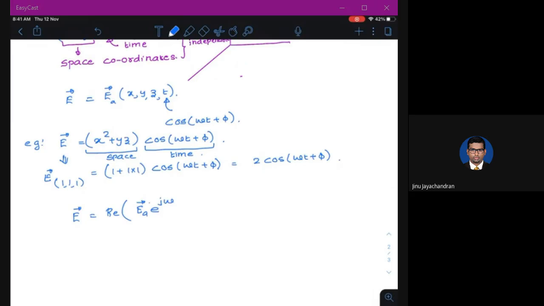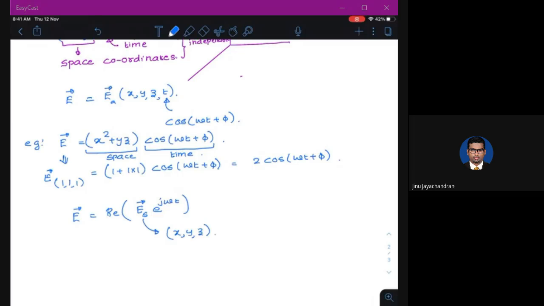Or let me say this as ES e raised to j omega t, where ES depends on the coordinates x, y, and z.